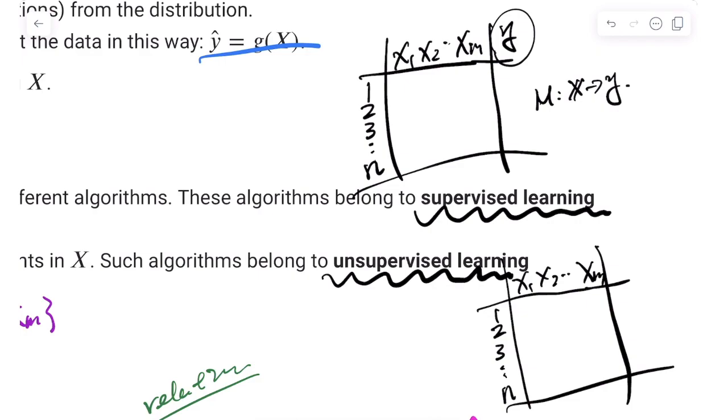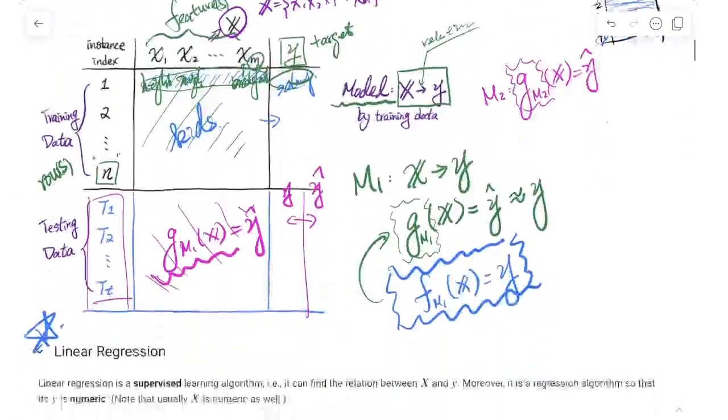In that kind of algorithm, we are trying to figure out the relationship within the x, within the n data points. But we'll talk about how to do that in the future, so we just keep it in mind.